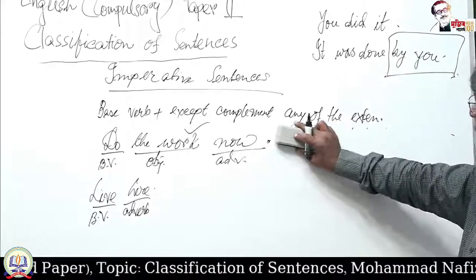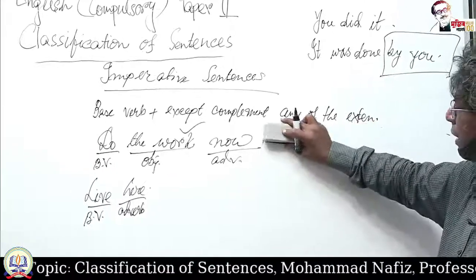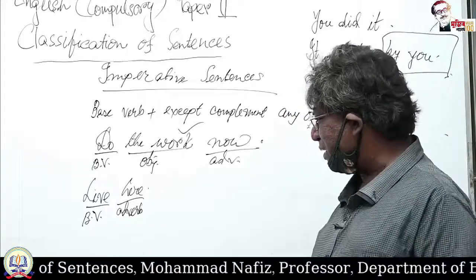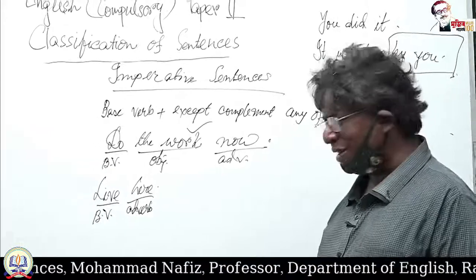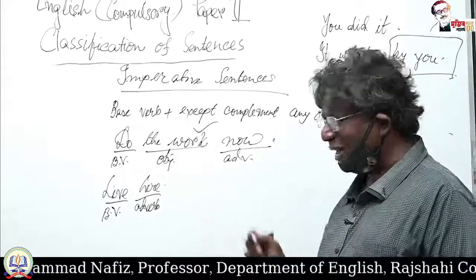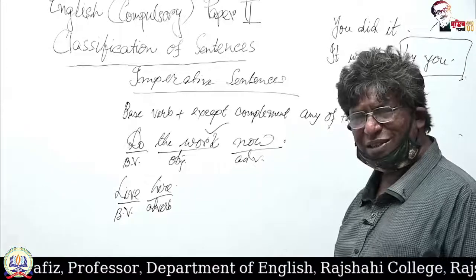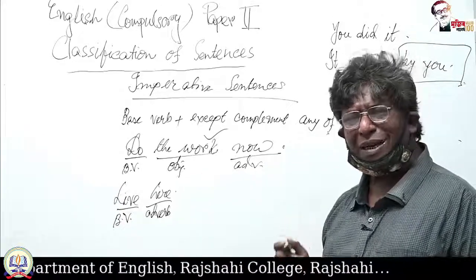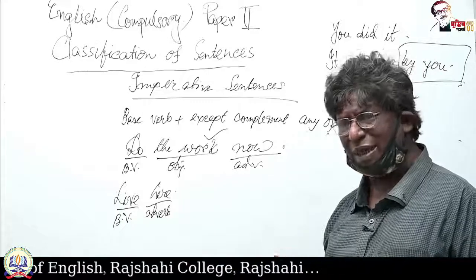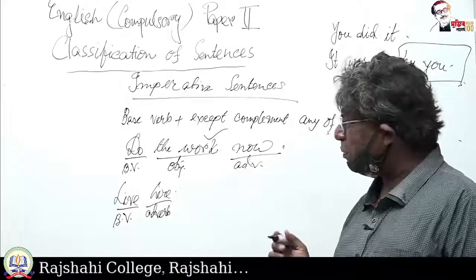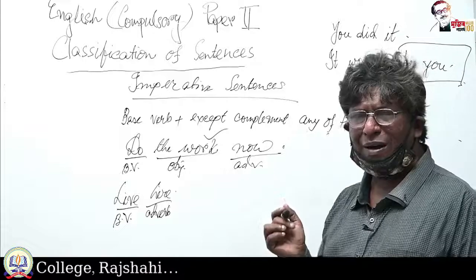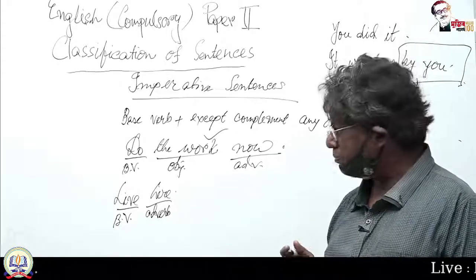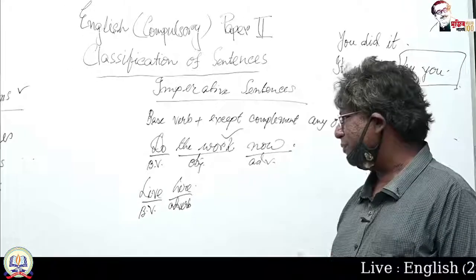And if anyone asks you to make this sentence passive, live here, you cannot make the sentence passive because there is no object in this sentence. I repeat, only the active verbs with an object can be made passive, in which the object becomes the subject of the passive form.